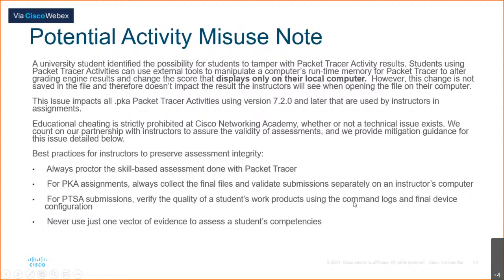In this case, they can achieve the situation where Packet Tracer shows a false grade on the completion screen. This score only displays on the student's computer, right? So if the file is saved and then reopened on the instructor's computer, the grade will be shown correctly.